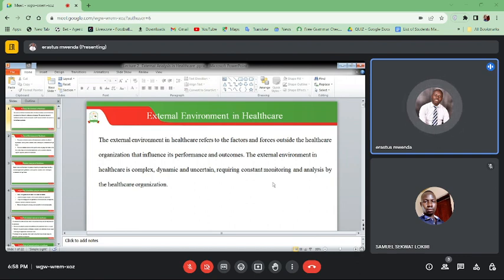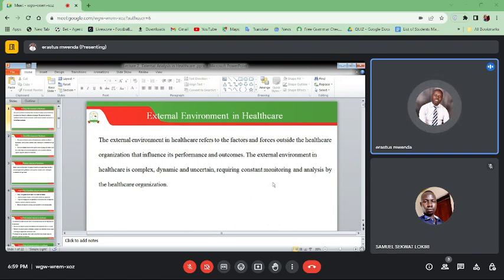And we will also note that it is a very complex environment. It is dynamic, it is uncertain. We are not really sure what is likely to happen. And this particular environment will require constant monitoring and analysis by healthcare organizations.